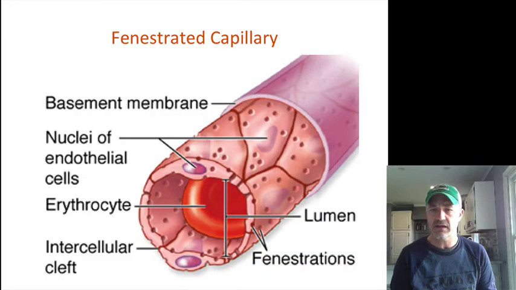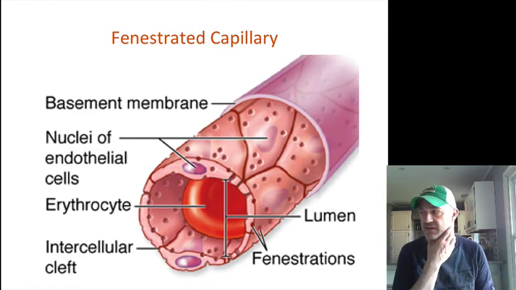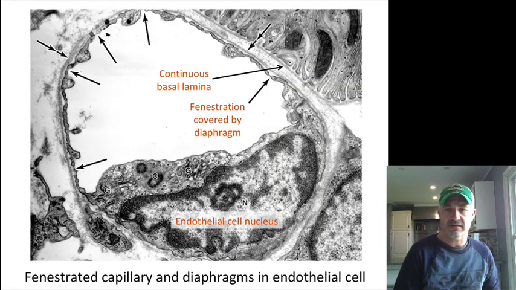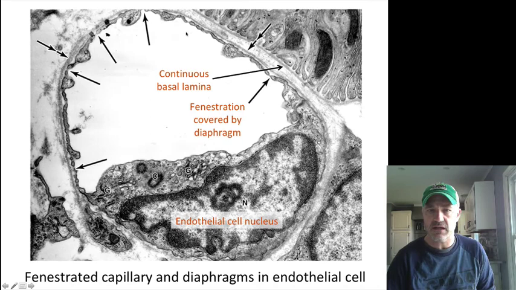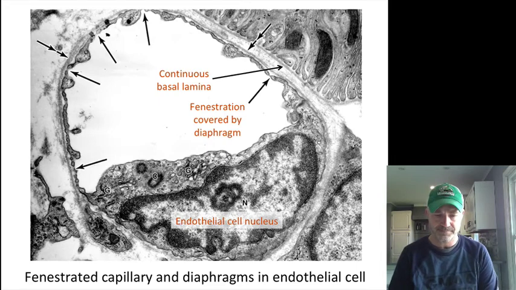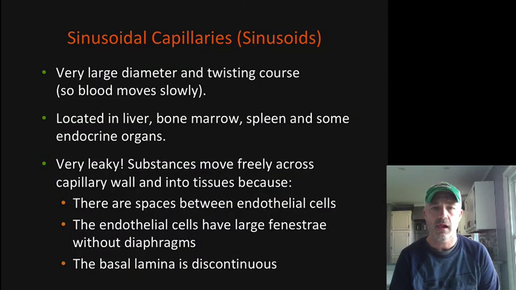When we look at it here, you can see little openings within those cells, still a continuous basement membrane, but with little slits that let this happen. We can see these fenestrations, these little gaps, right here. One of the places we see this is in the kidneys, where we're doing a lot of filtration for urine formation.